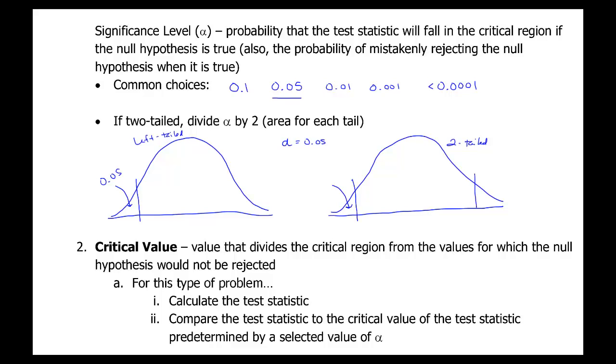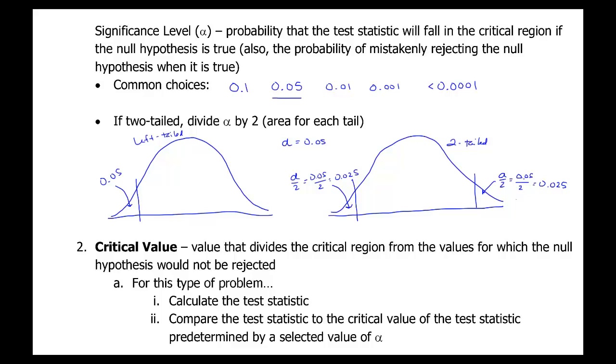So half of alpha is over here, and half of alpha is over here. So it gets split up into 0.025 in each tail. So always check, if you're doing a two-tailed test, that you've split your alpha into the two separate tails. That way you'll be able to compare your probability accurately.